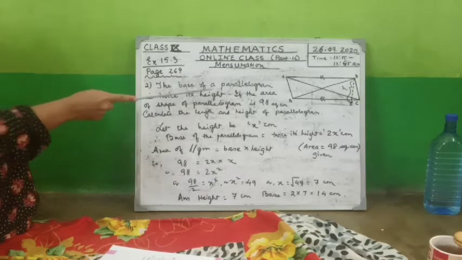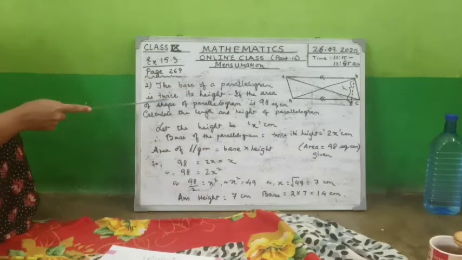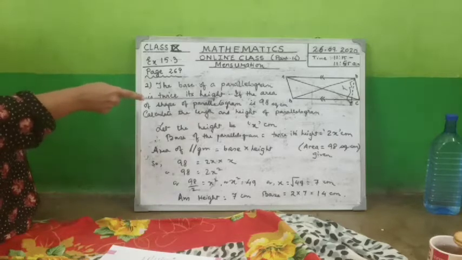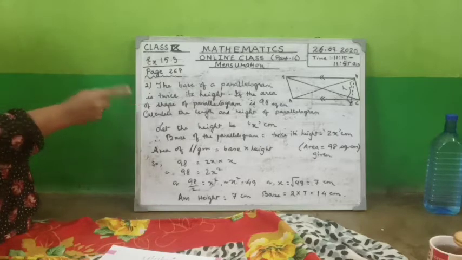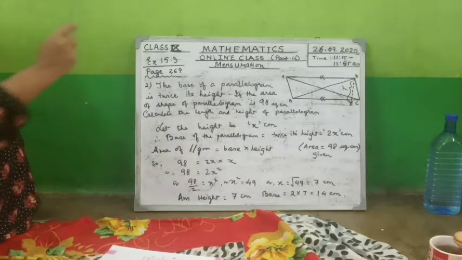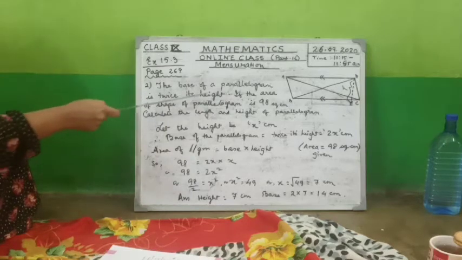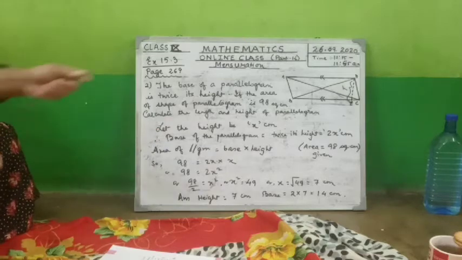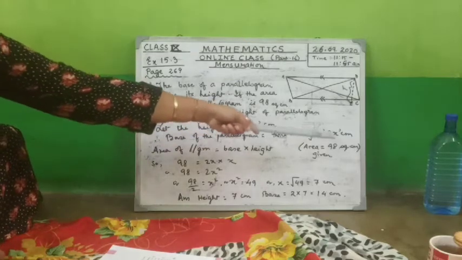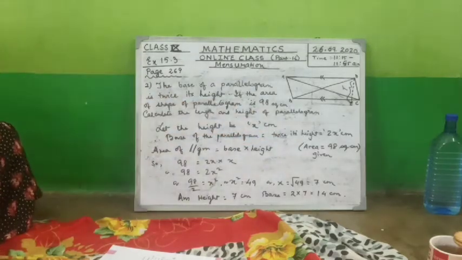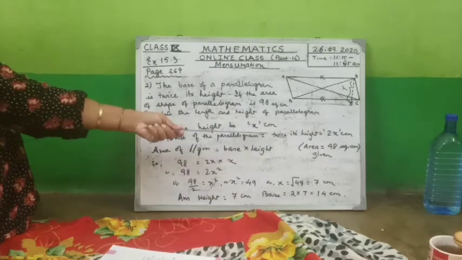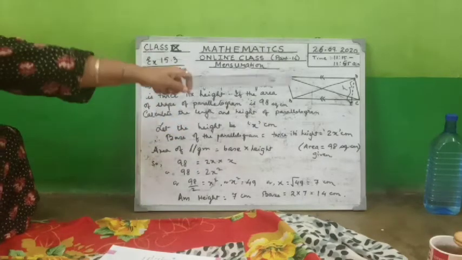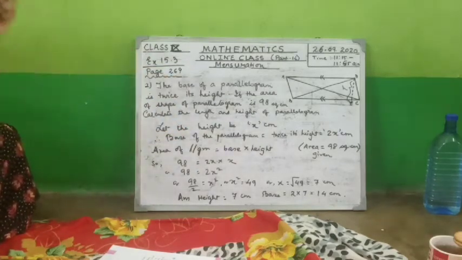The base of the parallelogram is twice its height. So what is the height? Double of that is the base. So the base is twice its height. So the base of the parallelogram is equal to twice its height, that is equal to 2x centimeter. Alright. So if this is x, twice its height means 2 into x.